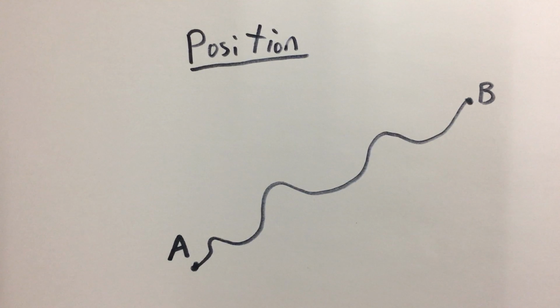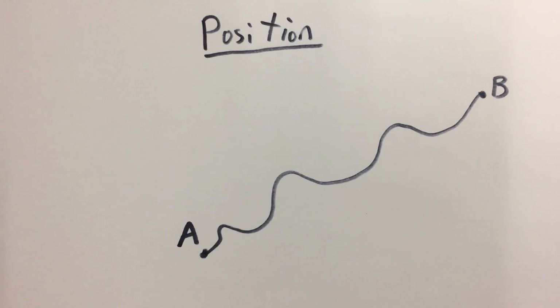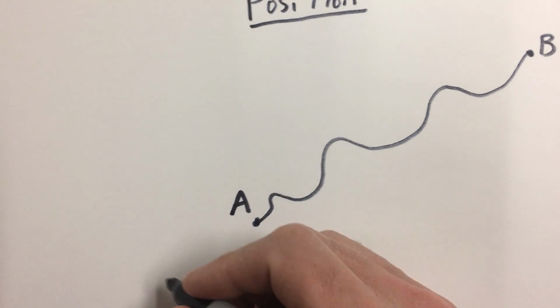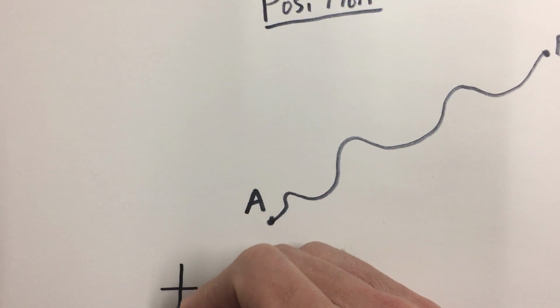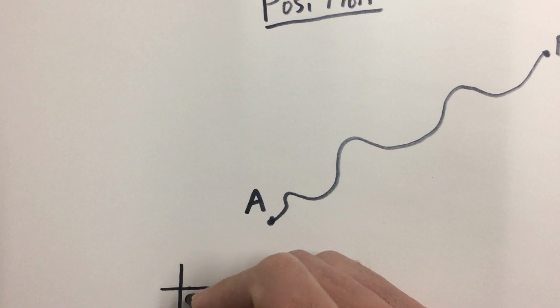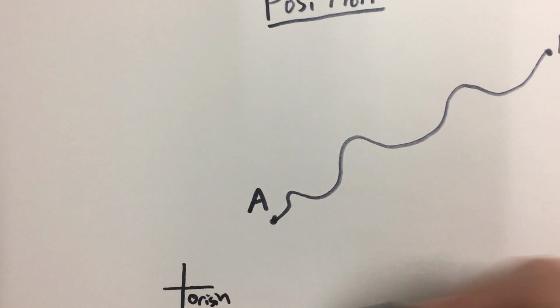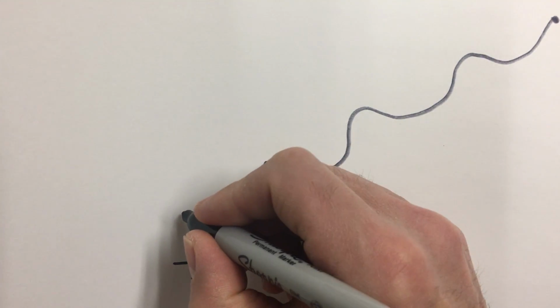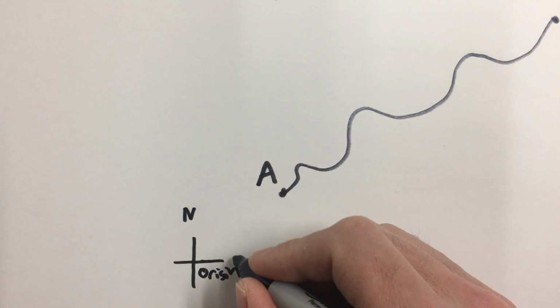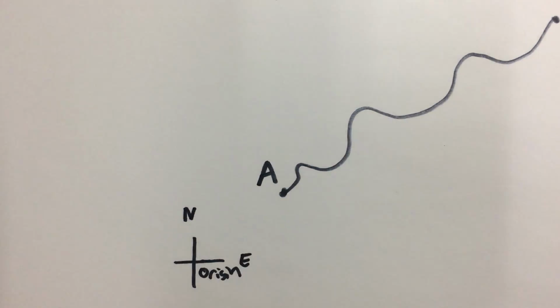We can't really answer this in an absolute way. We would need some reference point. So I'm going to put a reference point here and call it the origin. If that's the origin, perhaps this is north, and this is east.